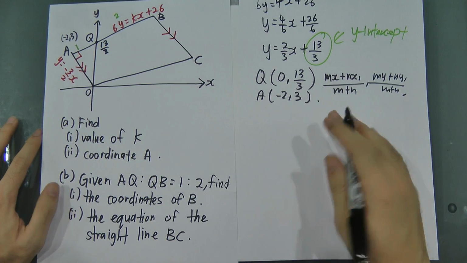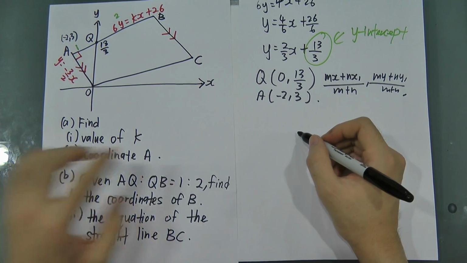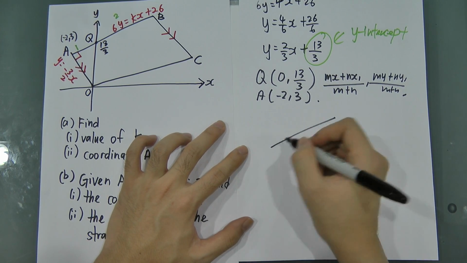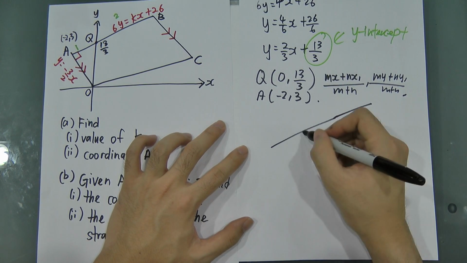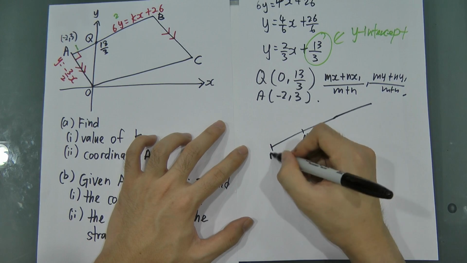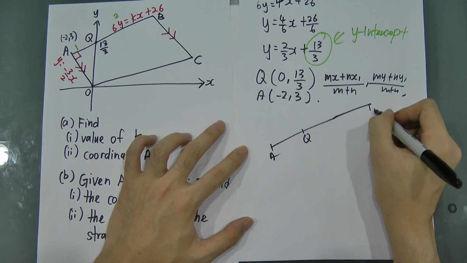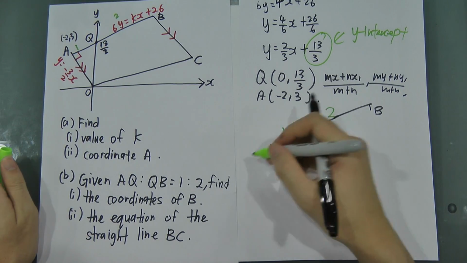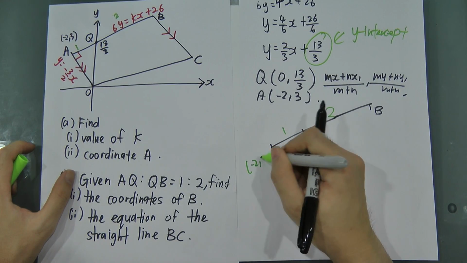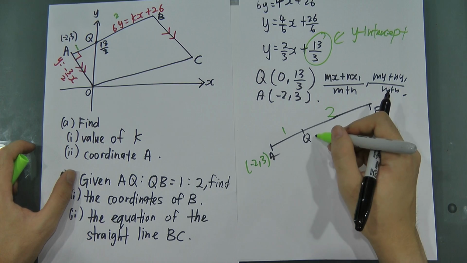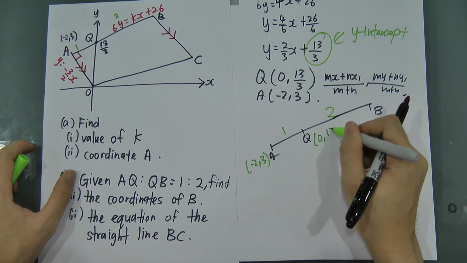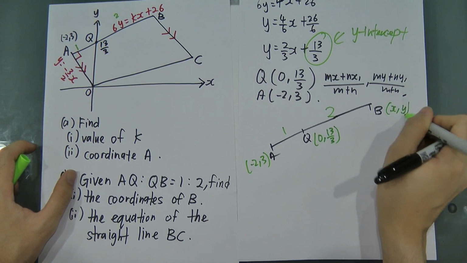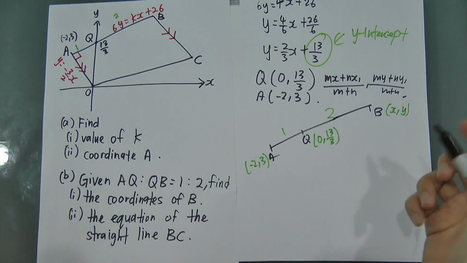In order to make it clear, I'm going to draw it out. So this is Q, this is A, this is B. The ratio given over here is 1 and 2. The coordinate given is negative 2, 3, and this one is 0, 13 over 3. And this one is x and y, because I do not know it, I'm just going to put x and y.